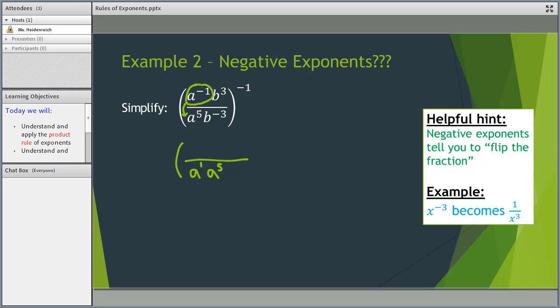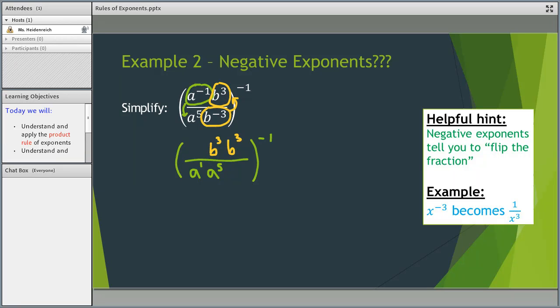Let's do the b's. So this b cubed has a positive exponent, so it stays exactly where it is. But the other b has a negative exponent, so it needs to move up to the numerator. So that becomes another b to the third power in the numerator, and then I've gotten rid of the negative exponent there. And I still have a negative 1 on the outside, which we'll worry about later.